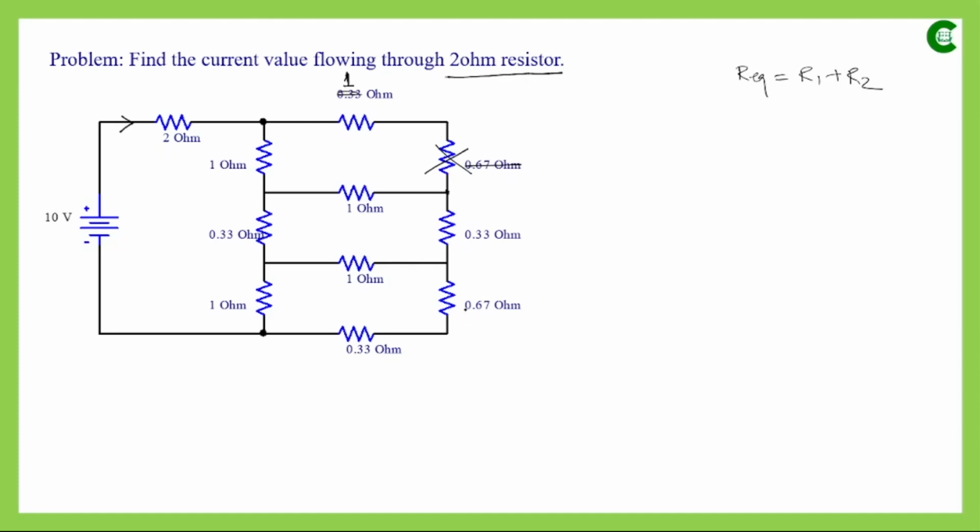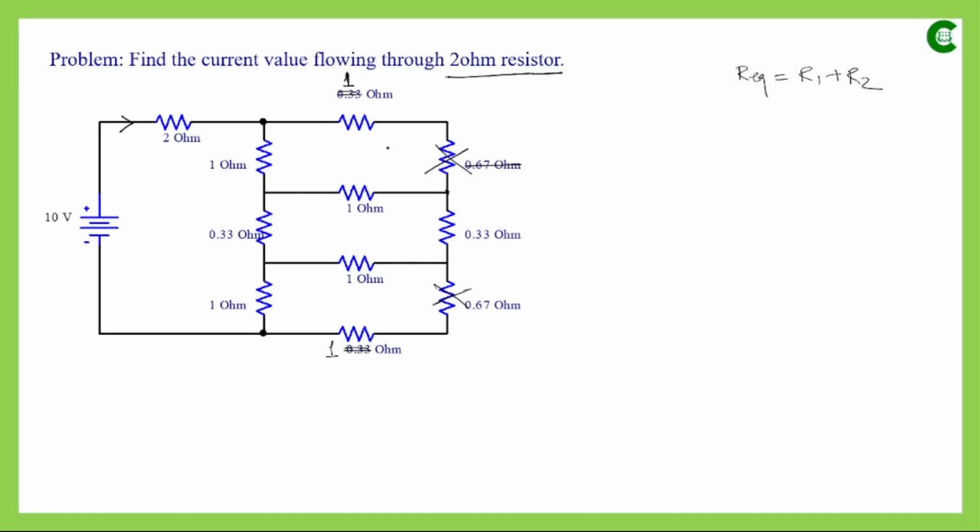So we can again imagine that in the simplified circuit, instead of two resistances we will have only one resistance of 1 ohm. So we have simplified that circuit, where we have reduced the number of resistors by 2.